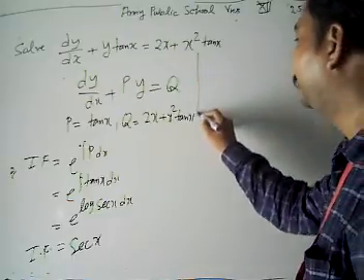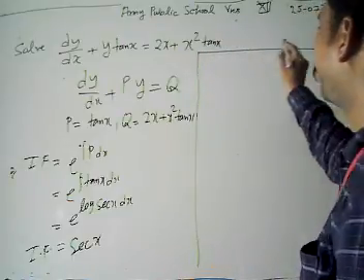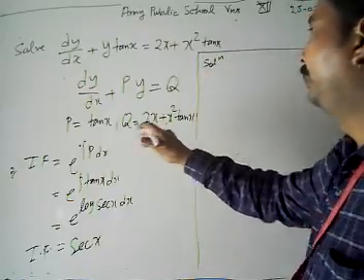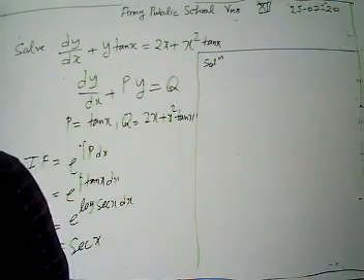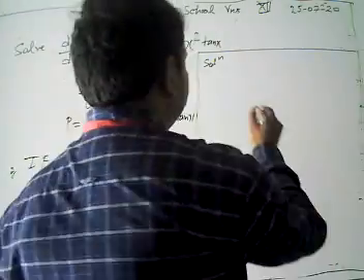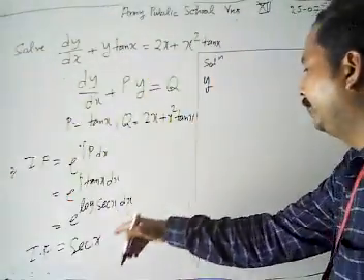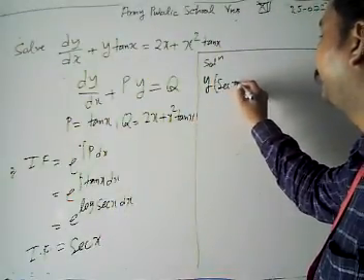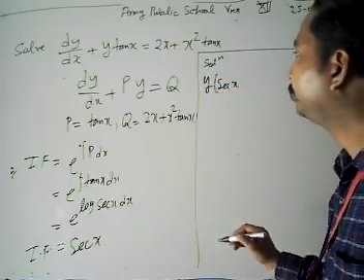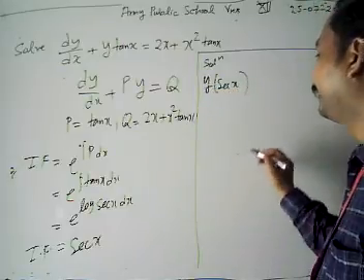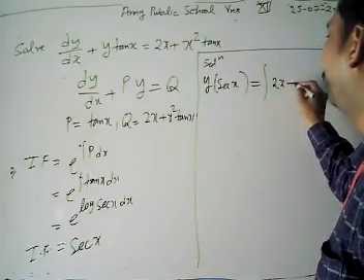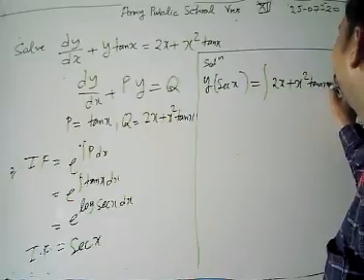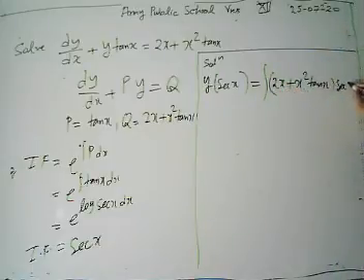Now our last step: our solution is given by, since it's of the form dy/dx + Py = Q, y into IF. What is our IF? It's sec x. So y sec x equals the integration of Q. What is our Q? 2x plus x square tan x, into IF which is sec x, then plus c, and also we have dx.